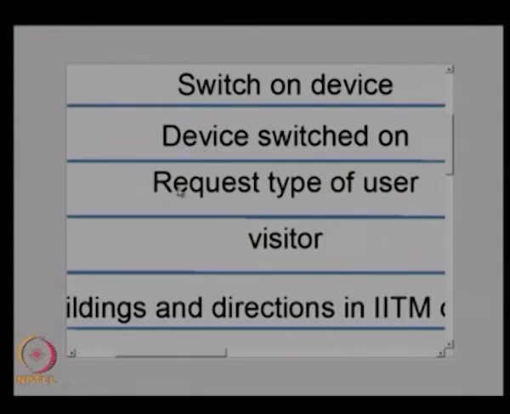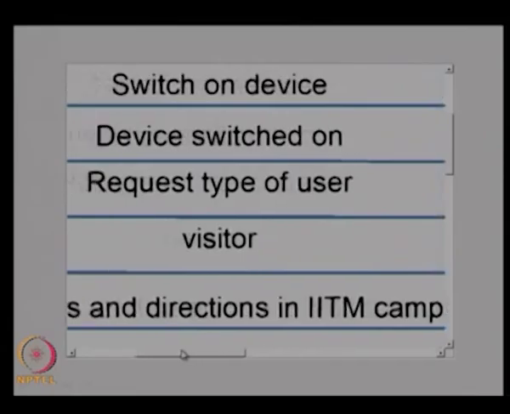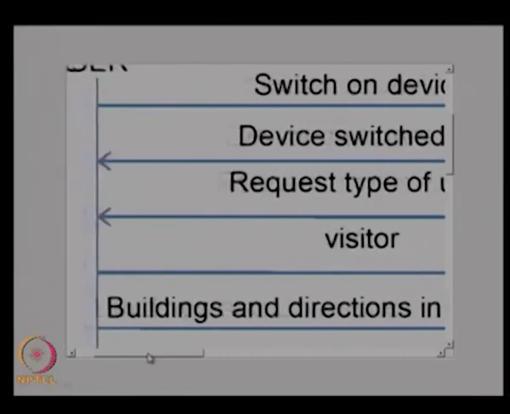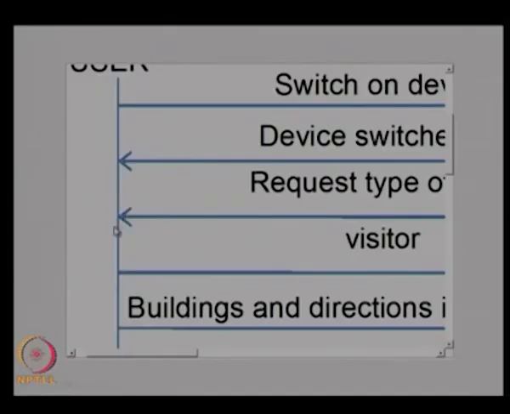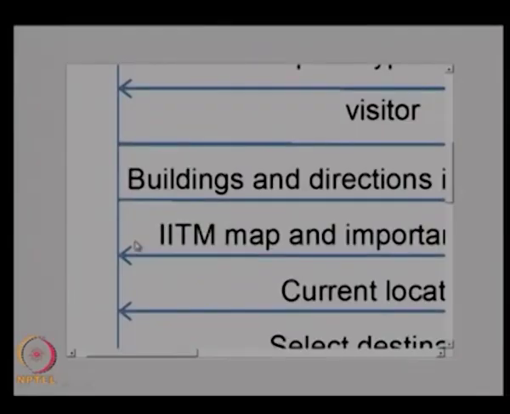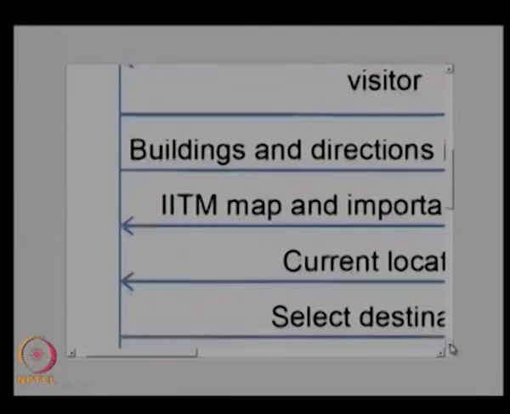Then the system will ask for the type of user, and the visitor will give that information as an input to the system, that it is a visitor. The system will give an output giving various options to the user, and the user will select the options. Then the data will be provided by the system, the map and other information like the current location, and then the user can choose the destination.